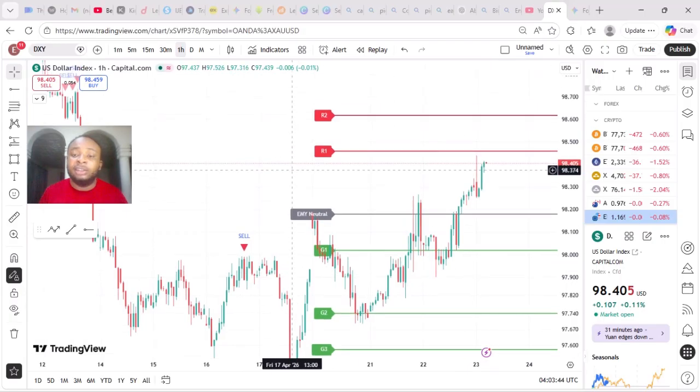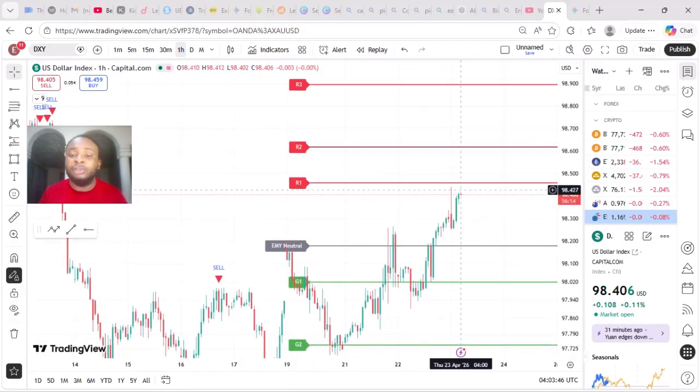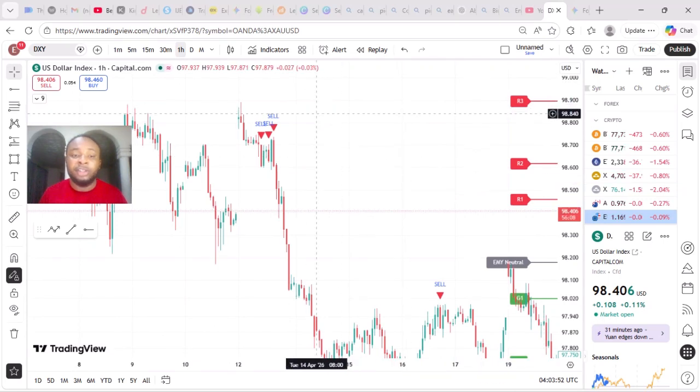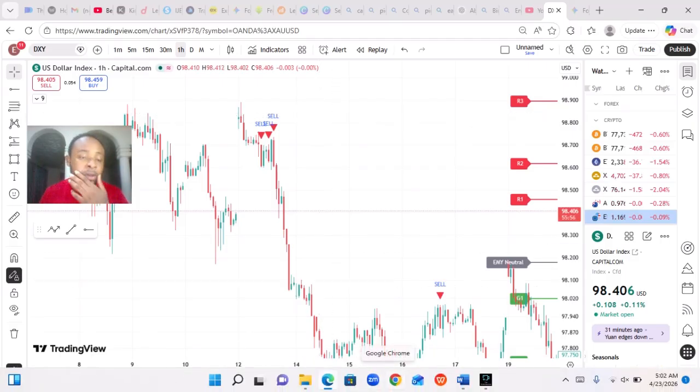There's a small probability you do a small pullback here, but the major one, expect a major reversal or a ranging market if he still wants to buy back around here. So just take note of this. Don't trade too many pairs, especially the ones paired with USD.